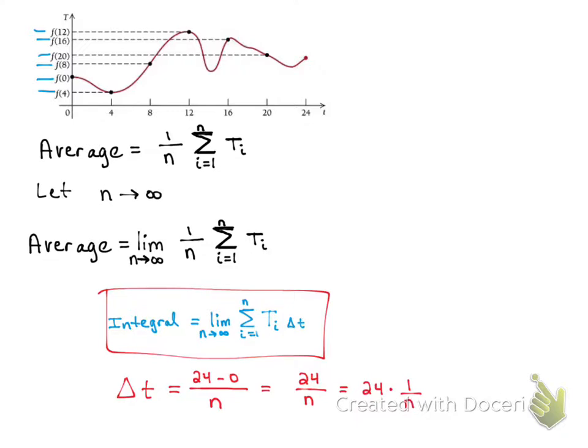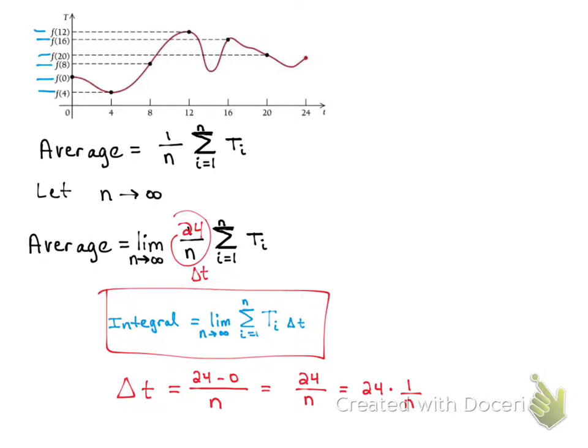So now looking at our average, we see that we have that 1 over n. If we could just multiply that by 24, we would get our delta t. And then our average would be exactly equal to our integral definition.